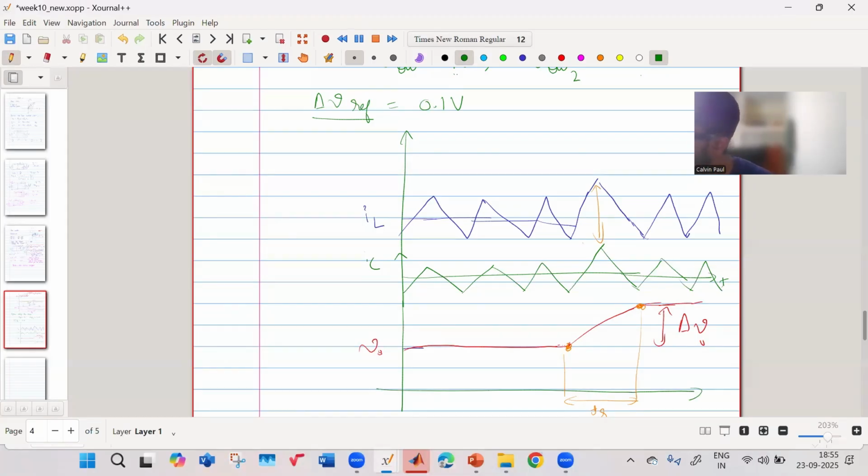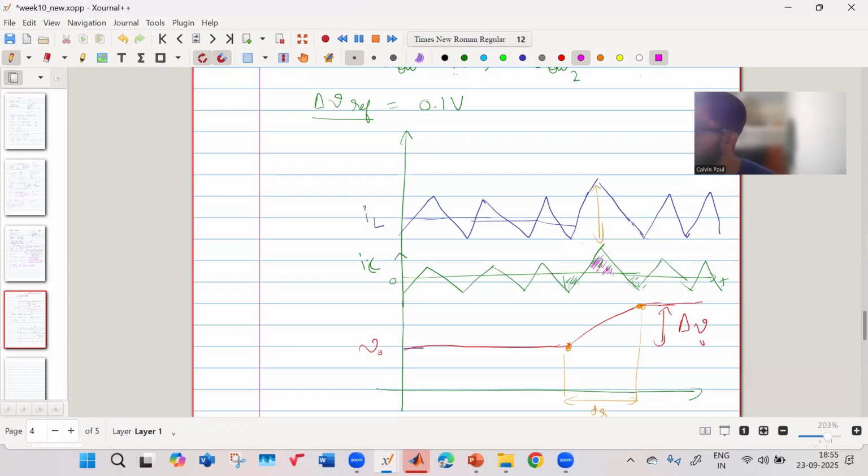So this is your capacitor current, where its average value is 0. But when you are increasing your voltage, this is the positive charge which is flowing, and this is the negative charge.